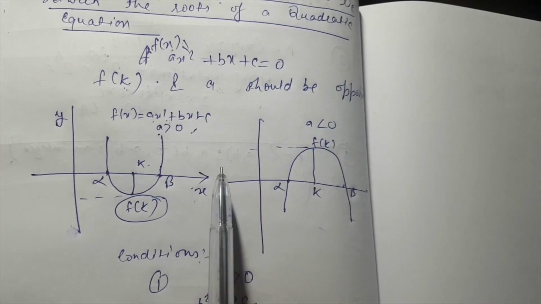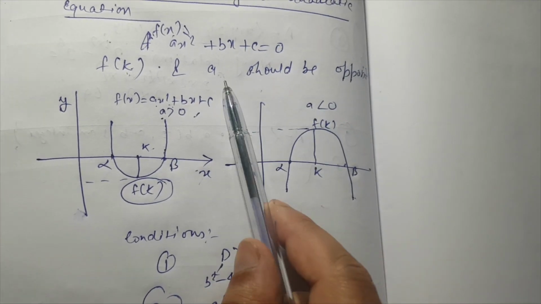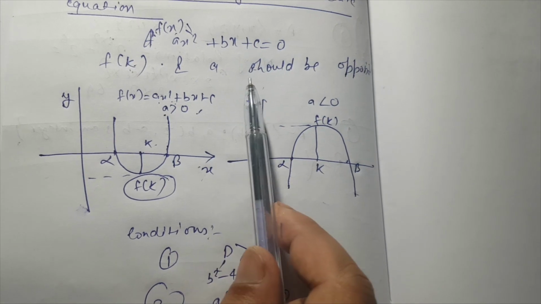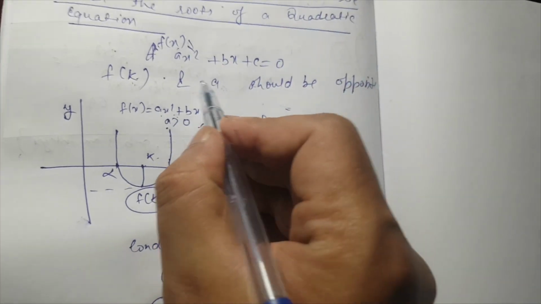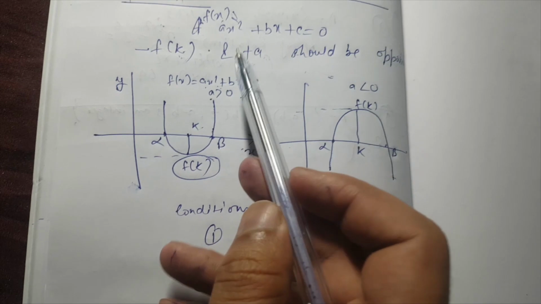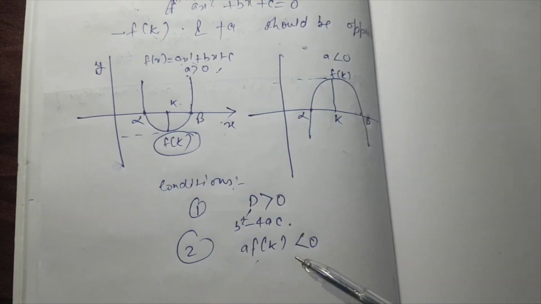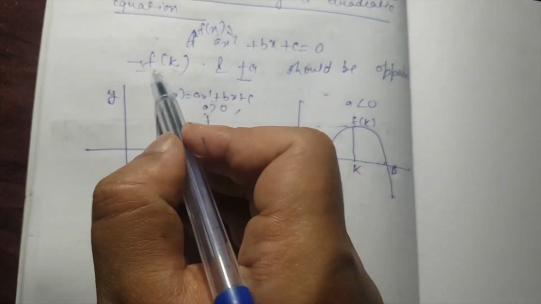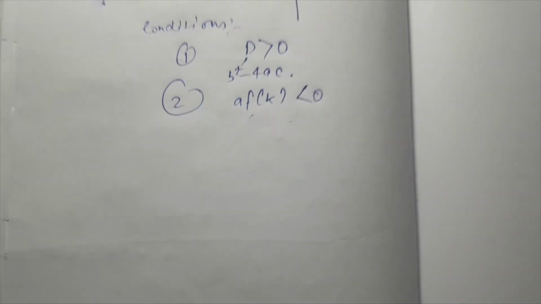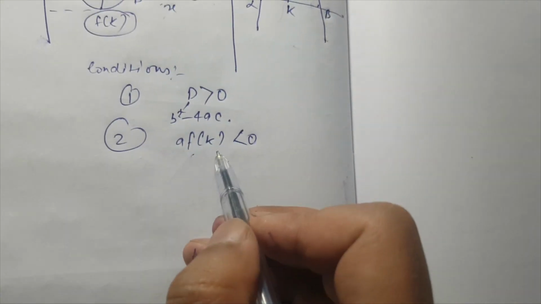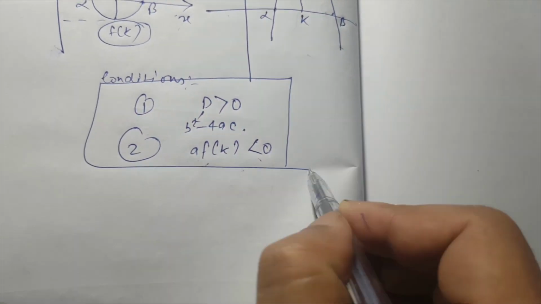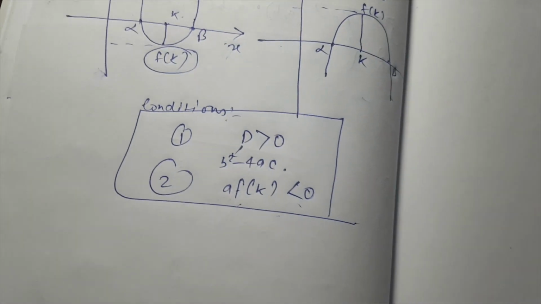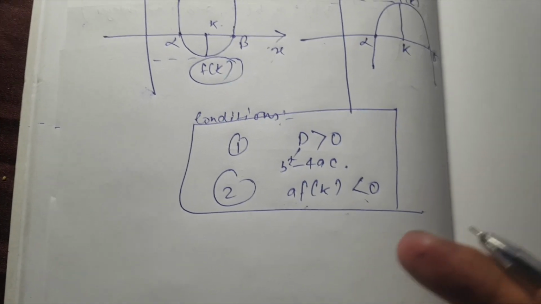Because I already told you that a and f(k) should have opposite signs. If one is positive, the other will be negative, so the product is negative; and if one is negative, the other will be positive, and again their product is negative. So that's why a times f(k) is less than 0. You have to keep these two conditions in mind while solving any problem of this kind.